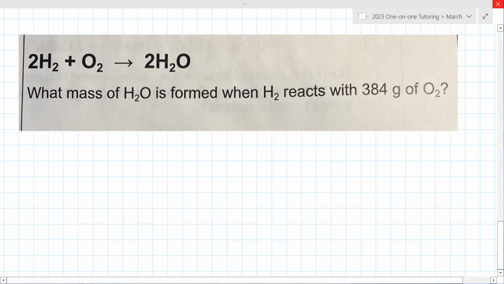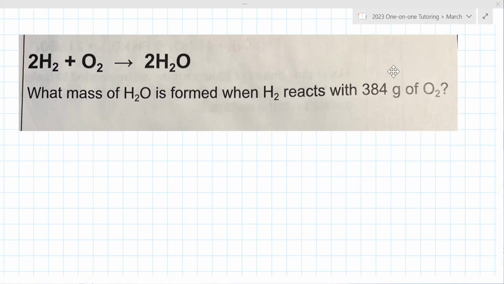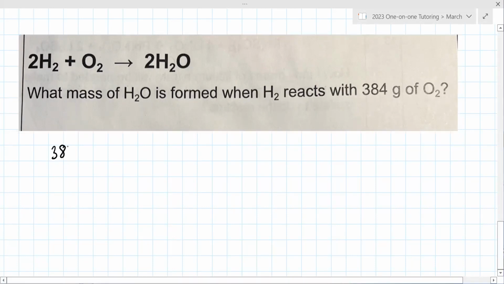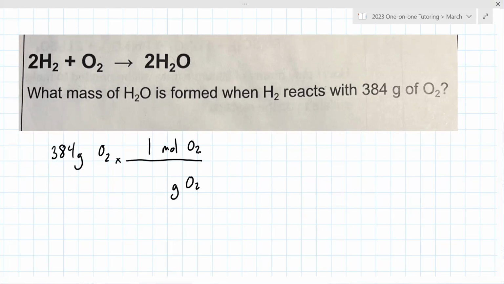Actually, on 16, she told us to cross out part of the problem because it was about limiting reactions. All right. Okay. So again, just start with the given quantity, 384 grams O2. And we've got to find the molar mass of O2.